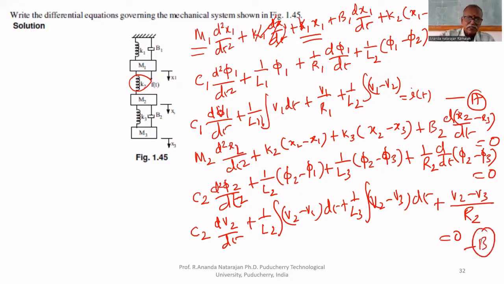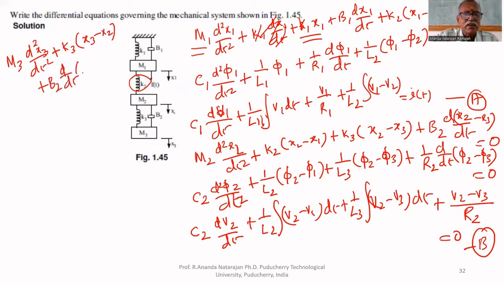We have to write the third equation. What is the third equation? M3 d square x3 by dt square plus K3 x3 minus x2 plus B2 d by dt of x3 minus x2. No applied force, therefore equal to 0.